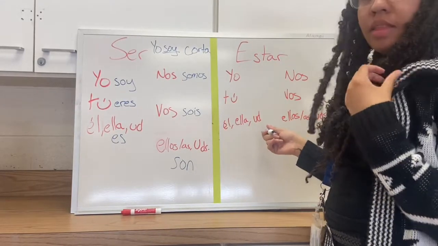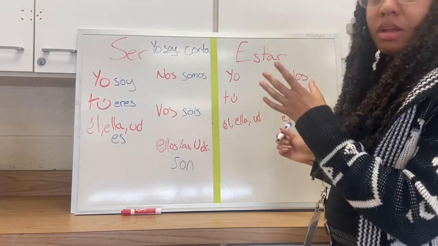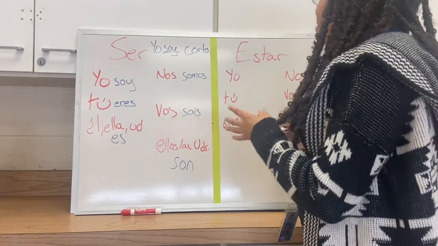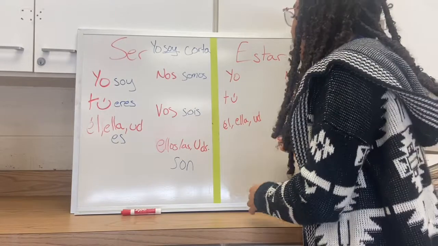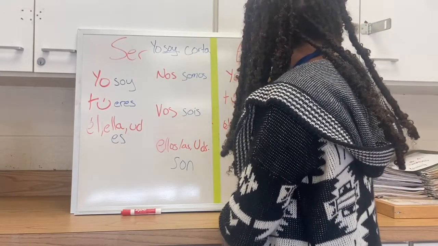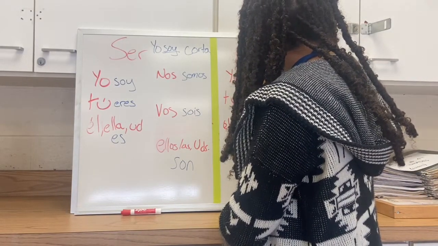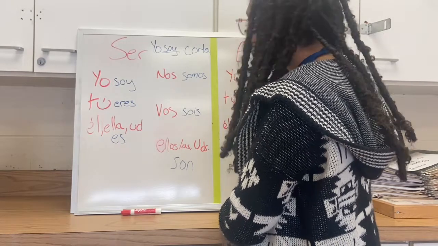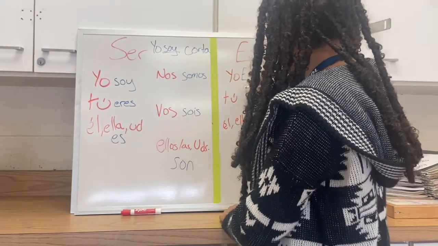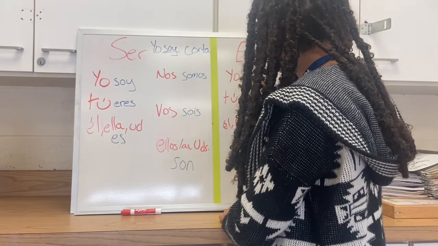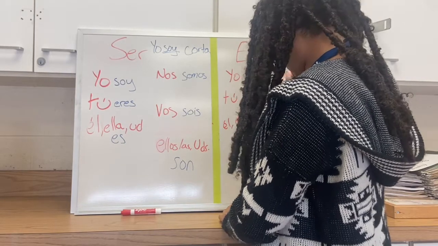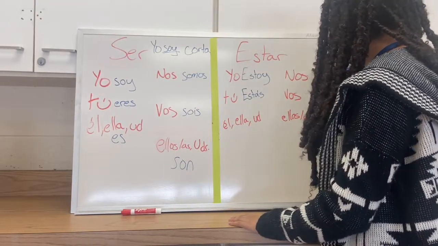Remember, the chart should already be up on Schoology. So you'll be able to see this as we go along with it together. We have estoy for yo. For tú, we have estás. For nosotros, we have estamos.